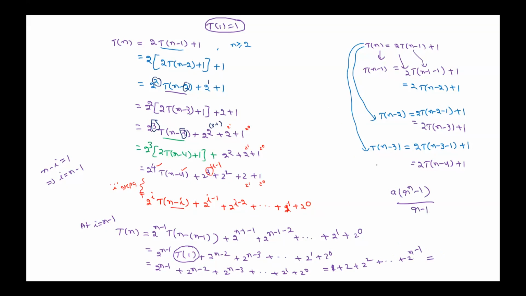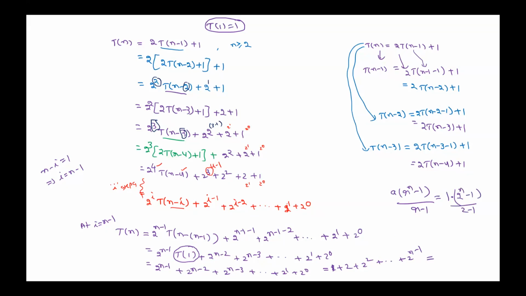What is the first term? 1. What is the r value? 2. So 2 power n minus 1 by 2 minus 1. This is the formula for the sum of n terms in GP: A into r power n minus 1 by r minus 1.